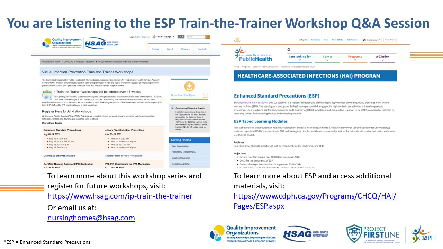What is a transmission-based precaution? We just came out of COVID. There's a lot of confusion that will come up. Please feel free to reach out to the email contact you're going to receive. And if there are any questions, we can answer them. Our recommendation is always go through the document first, understand the concept, and reach out.